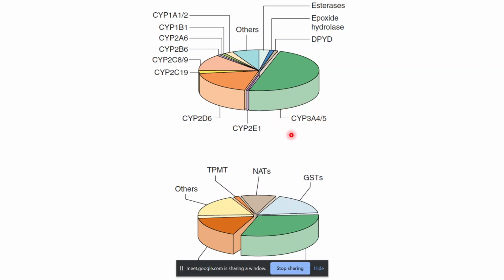This is the most common isotype of the enzyme in the liver, and these enzymes will catalyze the most of the drugs.